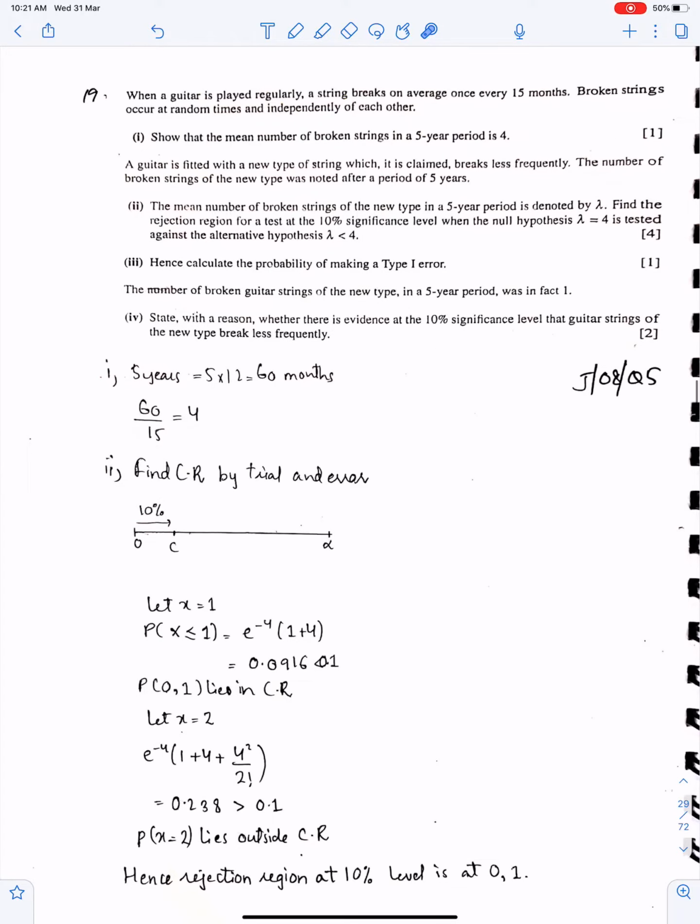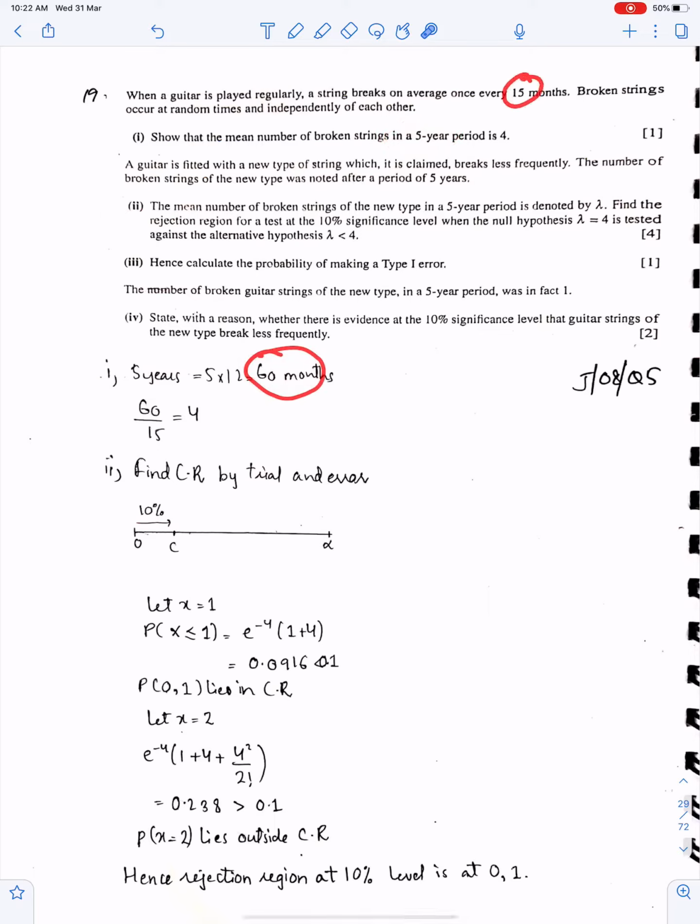When a guitar is played regularly, a string breaks on average once every 15 months. Broken strings occur at random times and independently of each other. Show that the mean number of broken strings in a 5-year period is 4. This is simple, you just need to check lambda. 1 in 15 months. 5 years means 60 months.